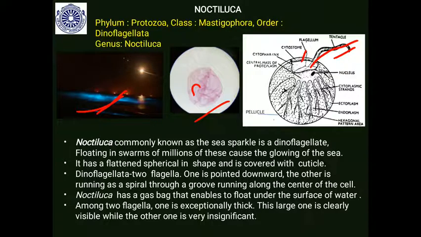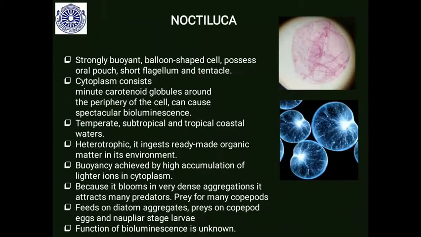Unlike the Rhizopoda, you will find there is a cytostome, a small mouth-like structure, leading to the cytopharynx. Food is taken in through the cytostome, and in the cytopharynx food vacuoles are formed and released to the endoplasm.